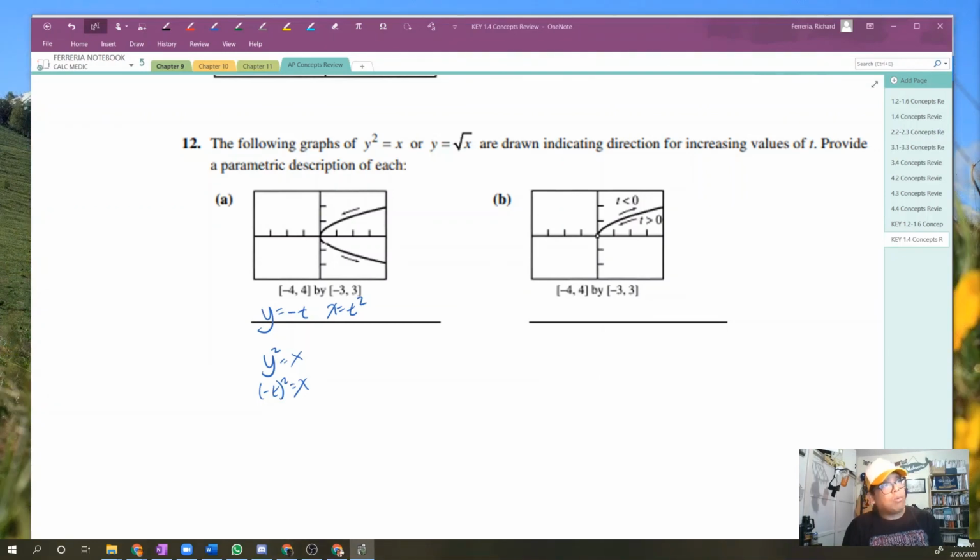So the y-coordinate gets big and then the y-coordinate gets small. So what does that say for us? Well, I always want the y-coordinate to be positive, and the one that I think is going to work is if y is equal to 1 over t squared.